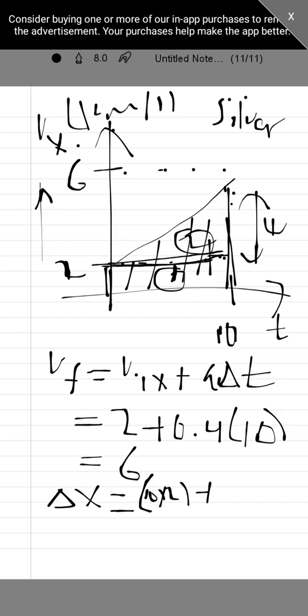Remember that the equation for the area of a triangle is half base times height.